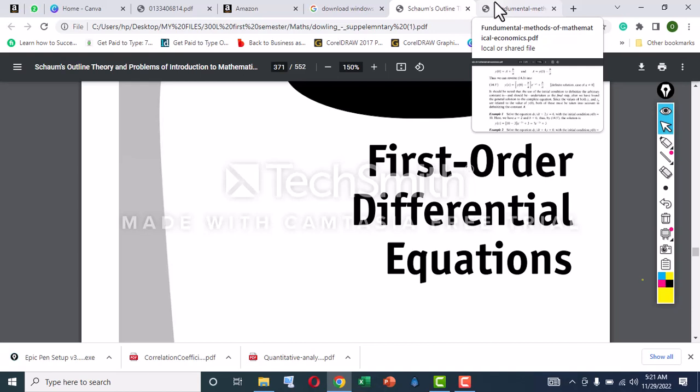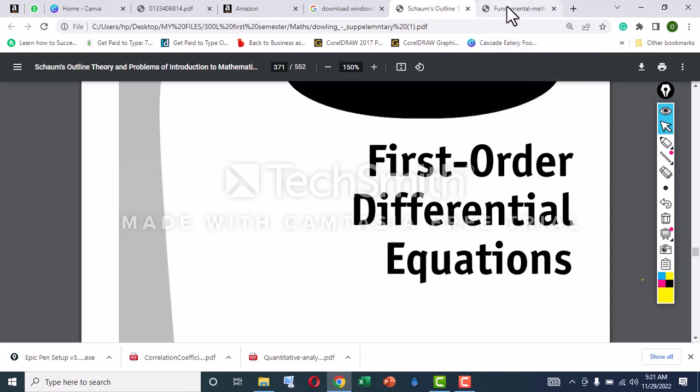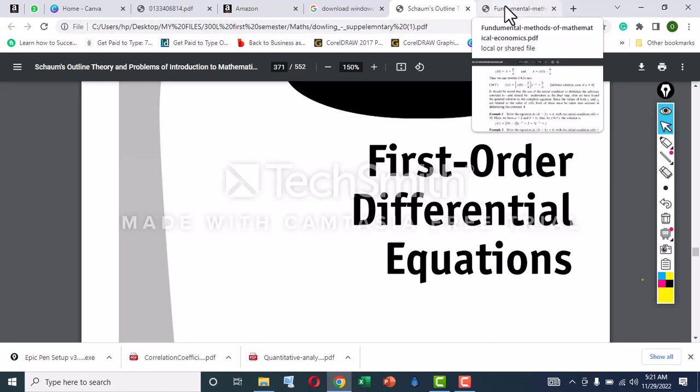One thing to notice: I said earlier we are using two textbooks here, Schaum's and Alpha Chiang. The method for first order differential equation is a little different in Schaum's, and it's also different in Alpha Chiang, but I advise you use Alpha Chiang for two reasons. The lecturer actually used the method in Alpha Chiang, and Alpha Chiang's method seems shorter and a little less complicated.